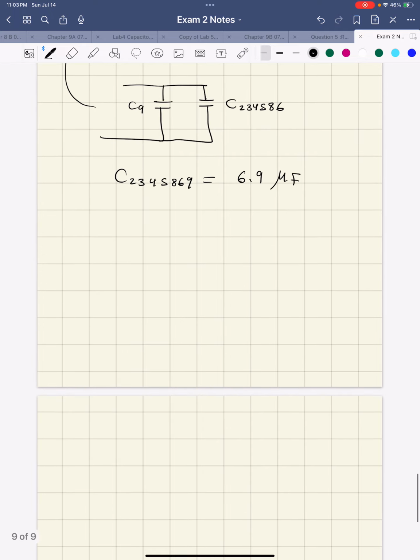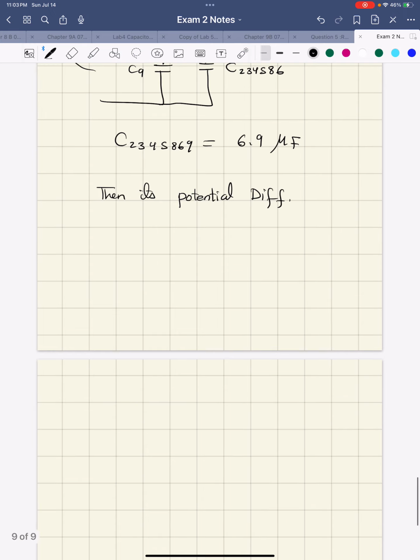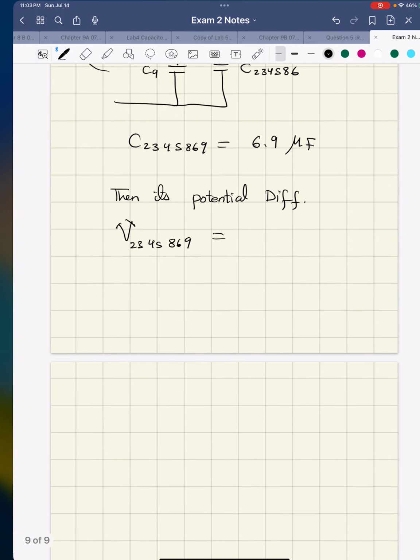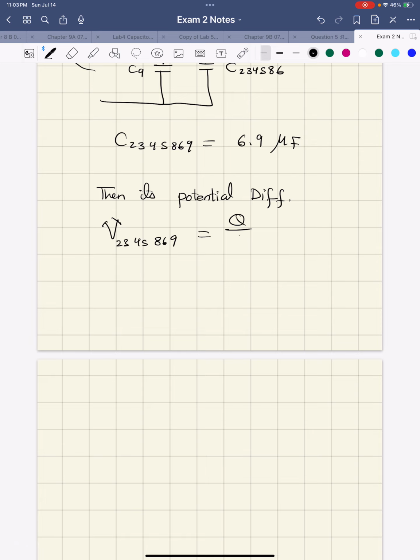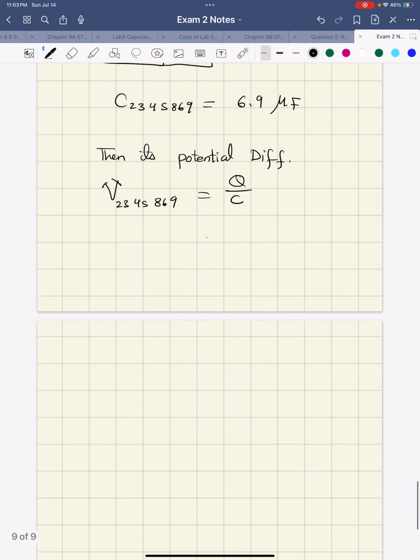Then its potential difference is Q of it divided by its C, and that is 966 microcoulomb divided by 6.9 microfarad.